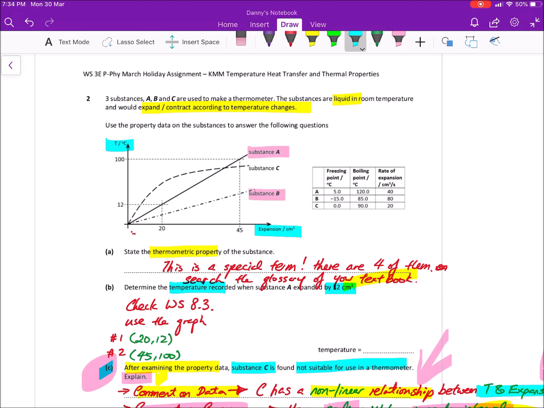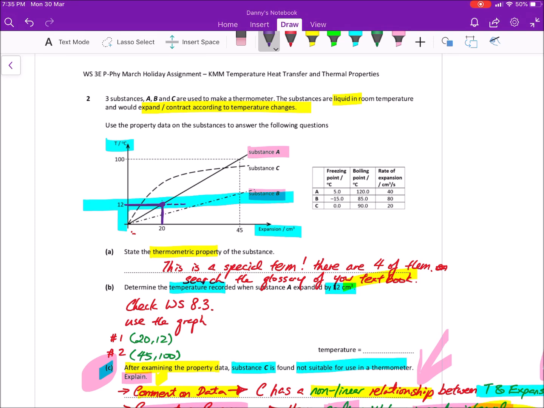Okay, so let's say I want to have a temperature change of 12 degrees C. So I will draw a line horizontal to here, and you can see that at here for A, for every 12 degrees Celsius temperature change, I can see an expansion of 20.